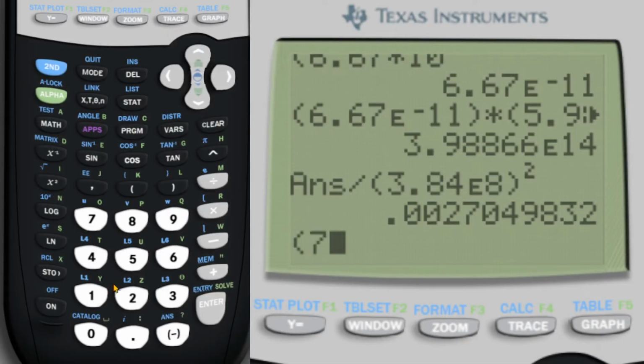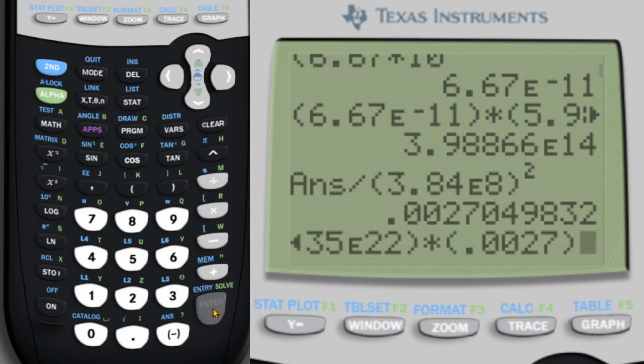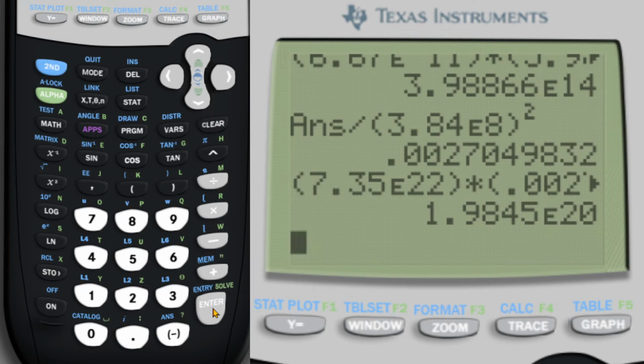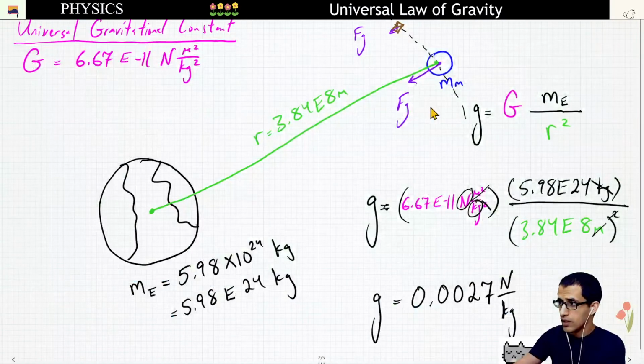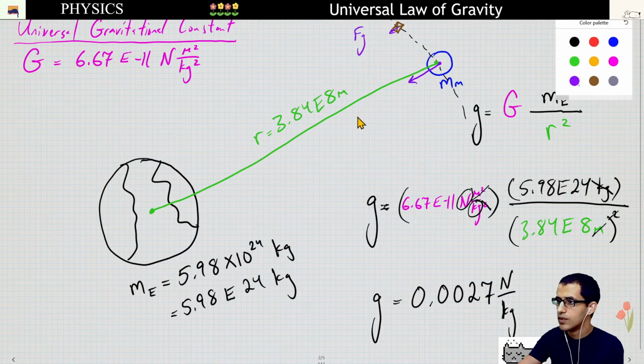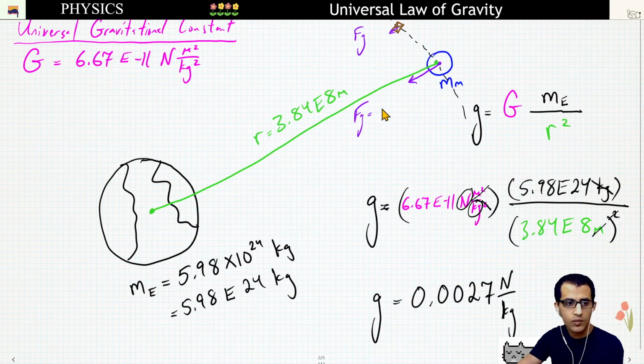So 7.35 times 10 to this 22nd power. And then multiply that by 0.0027. And we get that the force of gravity of the Earth on the moon is approximately 1.98 times 10 to the 20th newtons.